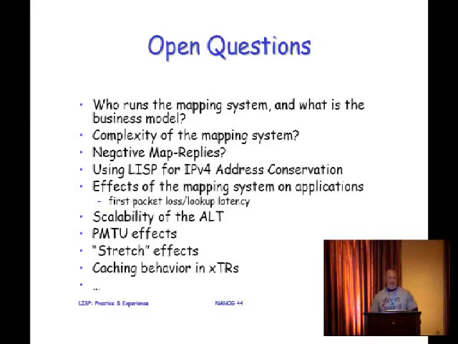What happens if it degenerates into what we have in the DFZ BGP right now? Path MTU effects: you're putting another header on the packet, so are you blowing up the MTU too much? Stretch effects: how much long path routing is going to go on here? How about caching in the xTRs? The point of this slide is that there's a lot of stuff to think about here.